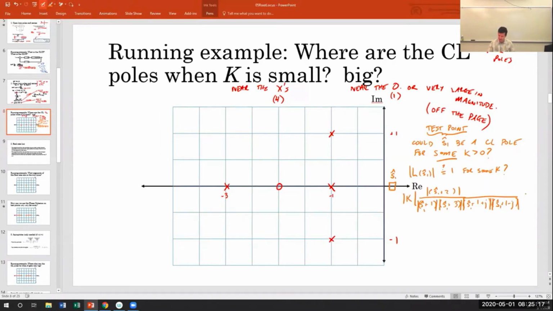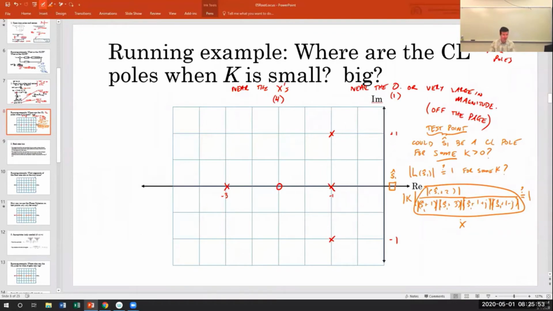So tell me now, is there a k that makes this 1? I will wait until I get an answer. There should be, right? Regardless of the exact numeric value of S hat 1, everything here, once you plug in a fixed S hat 1, is going to give you some magnitude, call it x.